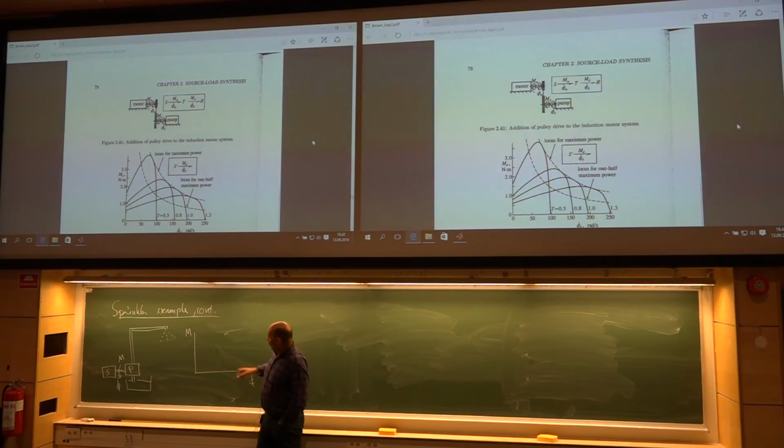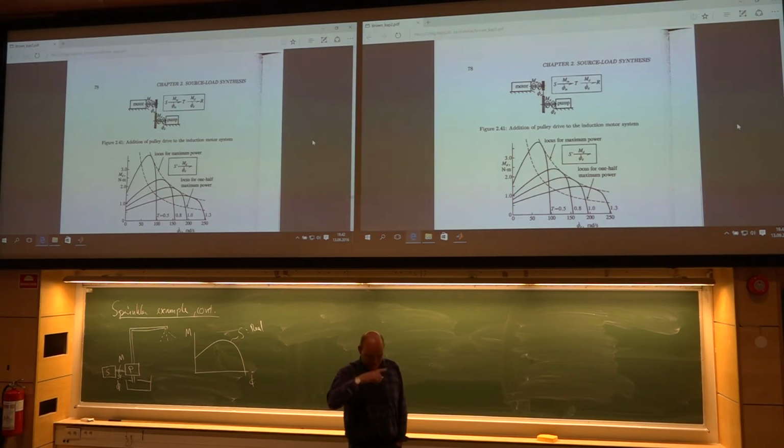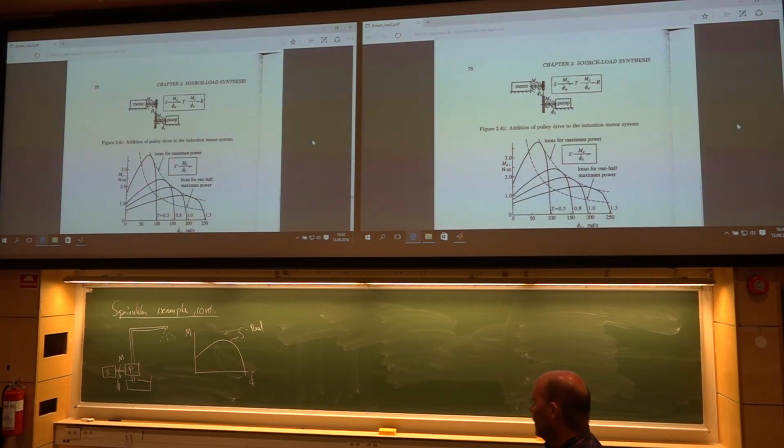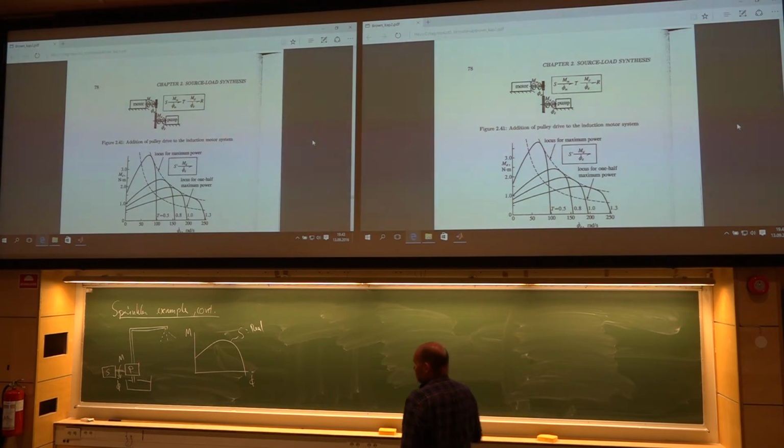No, we don't have that. We had a real source, and the real source was given by a characteristic curve. And this is sort of unquestionable. It's given by the vendor when you buy a motor, then this is given.